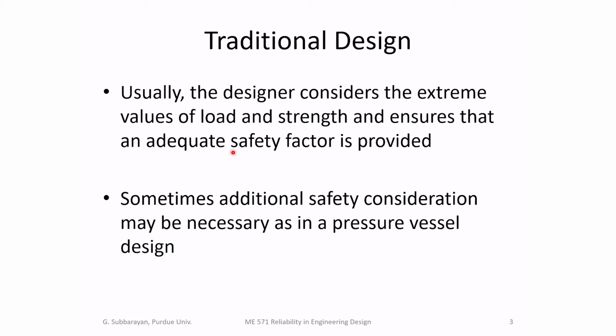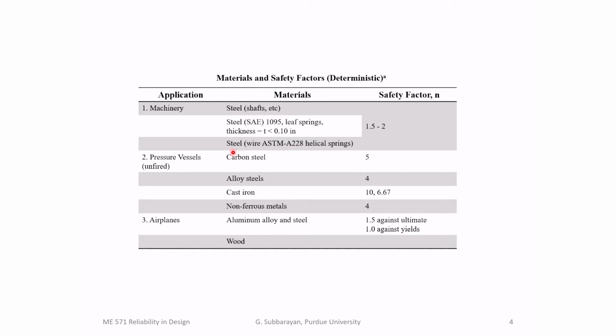So let's look at safety factors that are common for many applications. Here, for instance, if you take machinery, most of the time the machinery is made of steel. Okay, and the safety factors that we use are typically 1.5 to 2. So machinery 1.5 to 2.